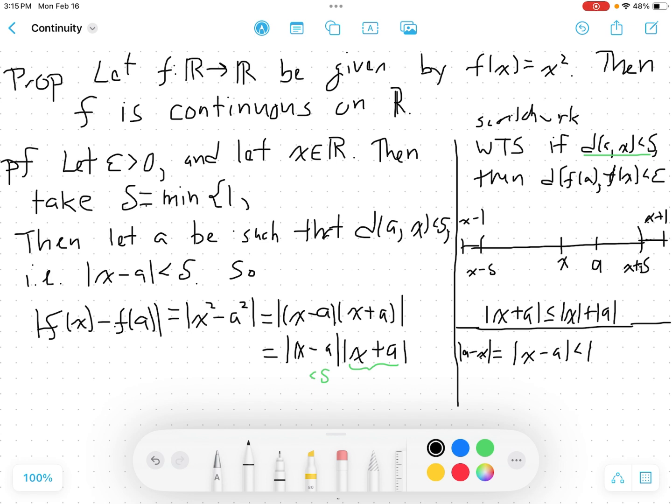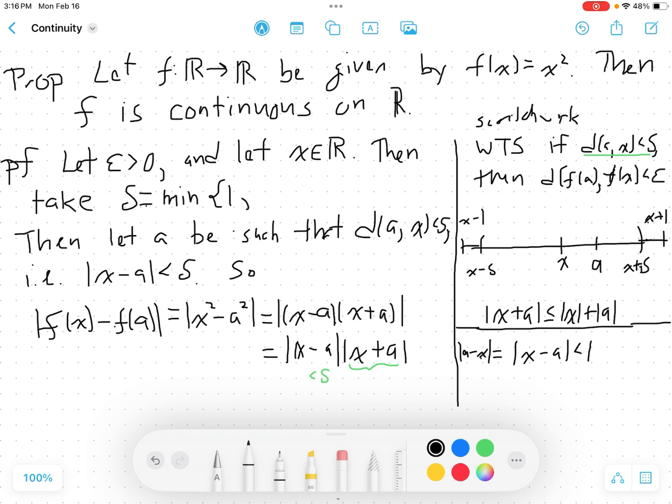So anyway, I'm going to use something called the reverse triangle inequality, a way to get at doing something like the triangle inequality, but preserving the fact that the information that we've got is about the distance between x and a.